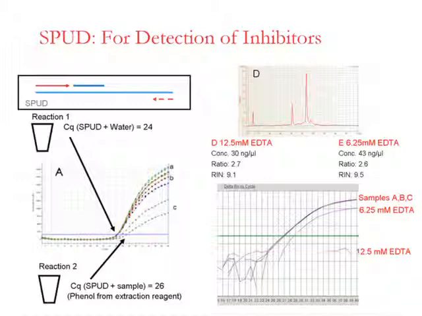And you can see that the effect of the EDTA on the SPUD assay is to inhibit at fairly low concentration by 2 cycles. When you double that concentration, you can see that the assay is completely inhibited such that it fails completely. So this also indicates that the effect of an inhibitor in a sample is not linear.